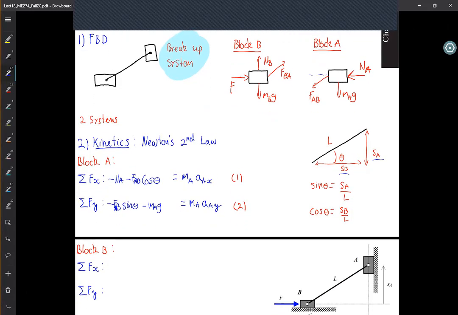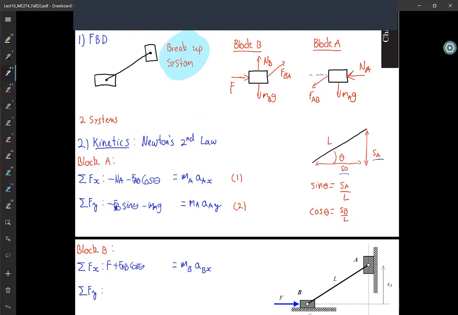All right, so the same for block B. In the X direction, we have the applied force and positive F_AB, and here is cosine theta once more. This equals the mass times acceleration.